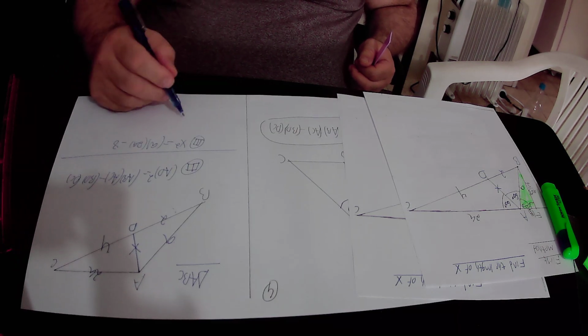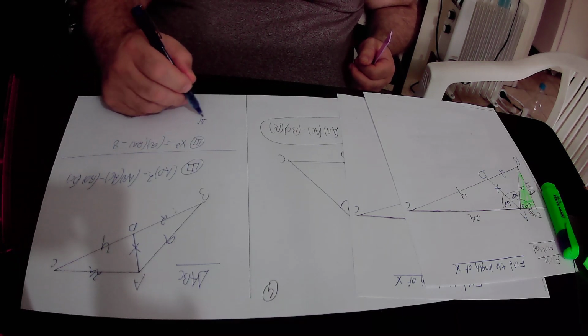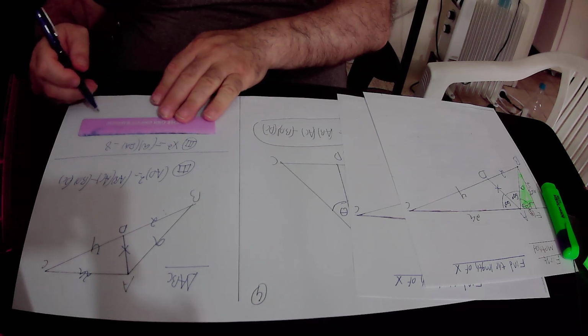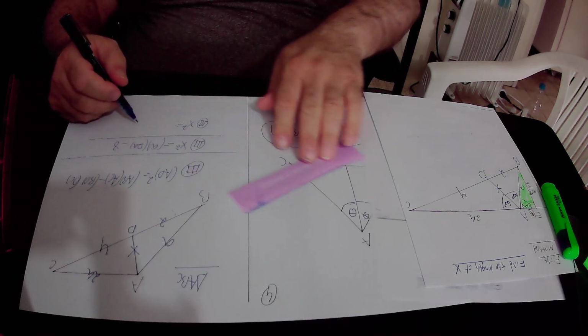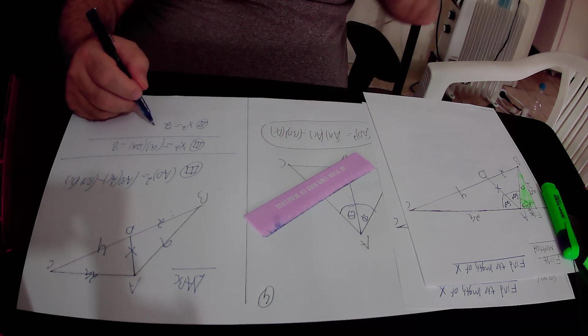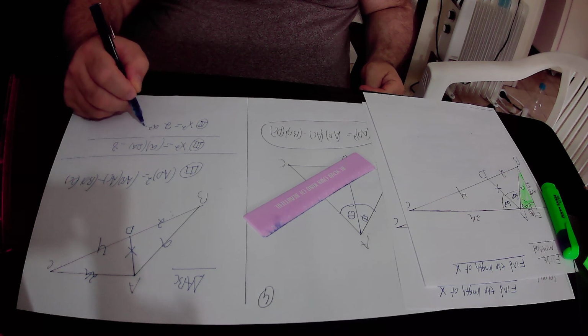So in conclusion, we found out that according to equation number 3, x squared equals 2 times a squared minus 8.